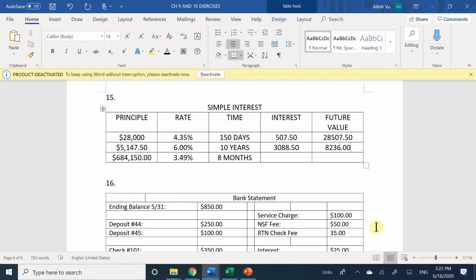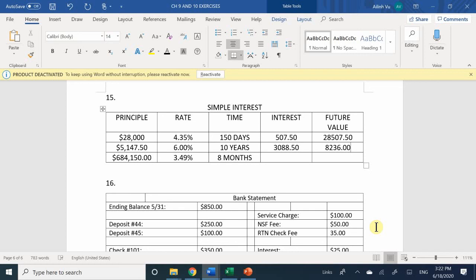684,000 times 3.49% is 23,876.84. Okay, that's my interest.